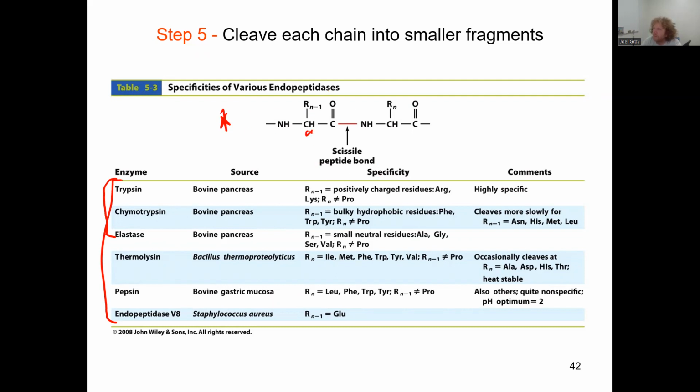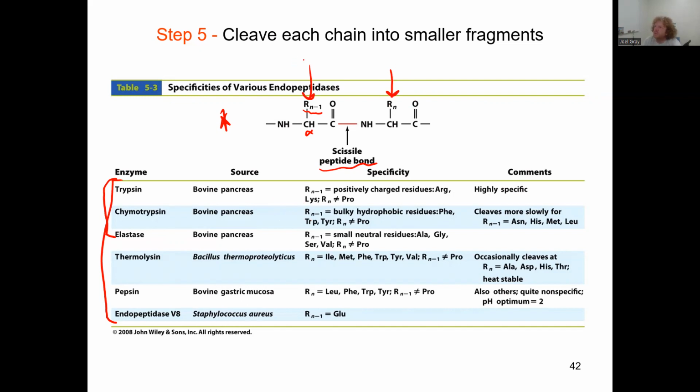So this is an alpha carbon, and this R sub n minus 1 would be a specific amino acid. Then here is your peptide bond that is going to be cut by one of these molecular scissors. It's a question of what is the amino acid that has to be here and what has to be here? Okay. Trypsin, chymotrypsin, and elastase.